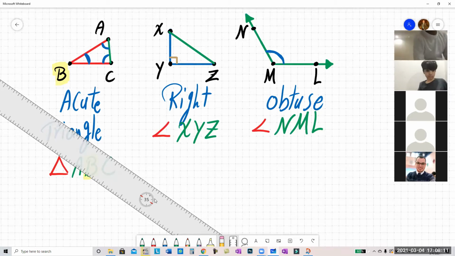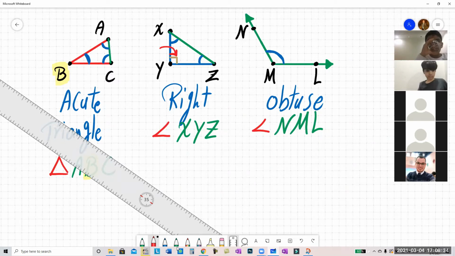Okay, so we have a triangle here. So how can we get the type of that triangle? So as you see here, we have two acute angles, but we have here a right angle.